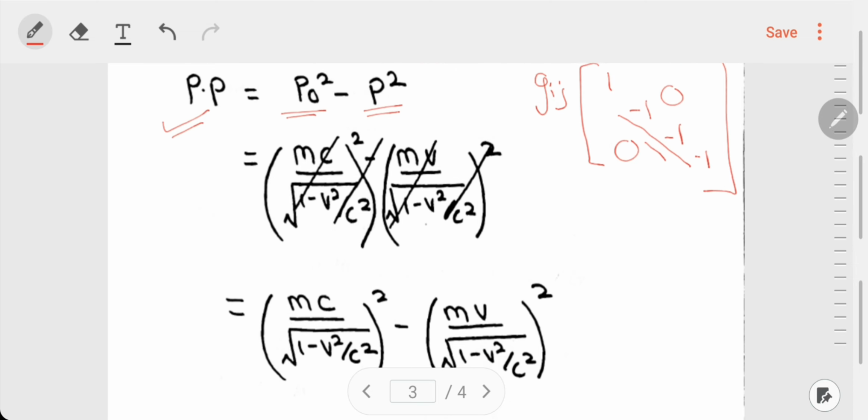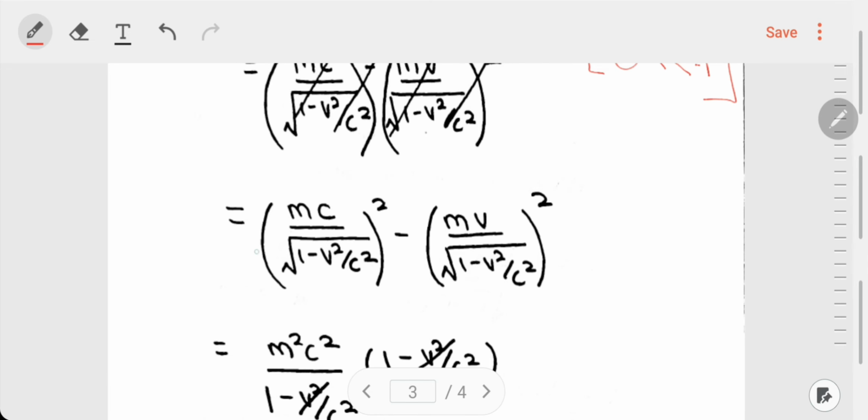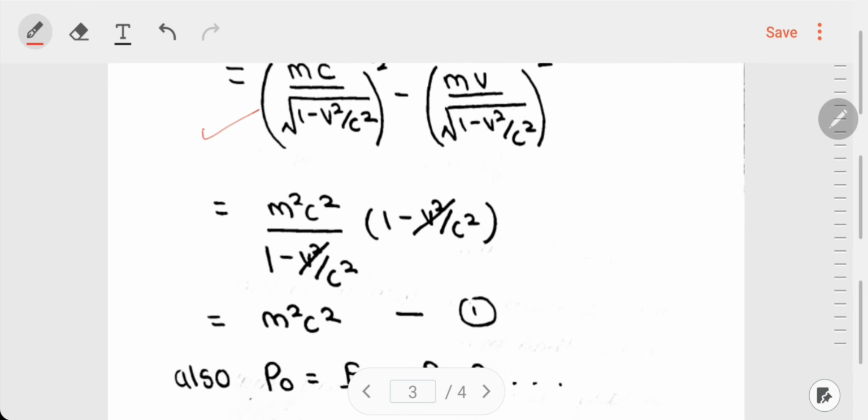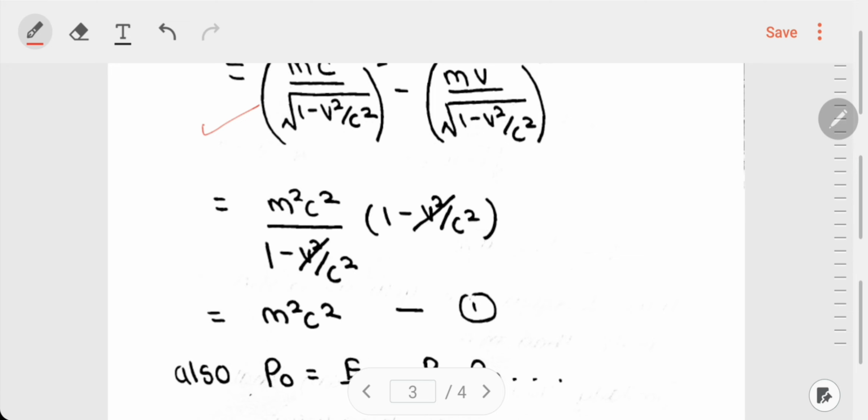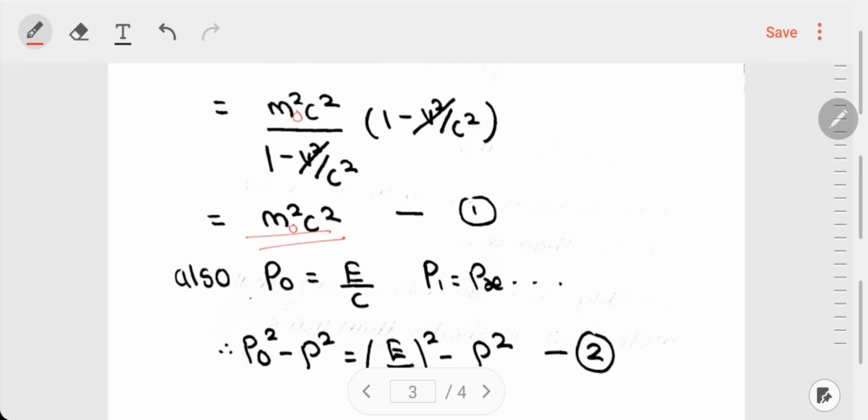Now if we substitute the values, the time component is m c over under root 1 minus v square by c square, whole square, minus m v over under root 1 minus v square by c square, whole square. So we get the dot product of the energy momentum 4 vector with itself as m naught square c square. Since the dot product is a scalar, it's an invariant, so m naught is the rest mass and c is a constant, and thus the dot product is constant, that is m naught square c square.